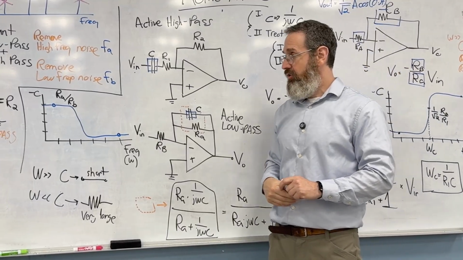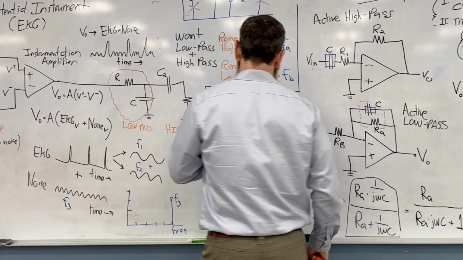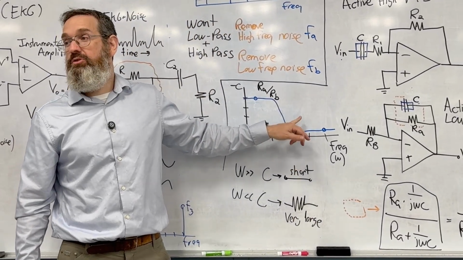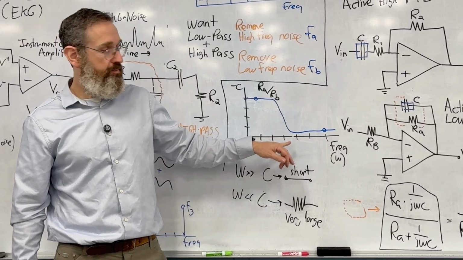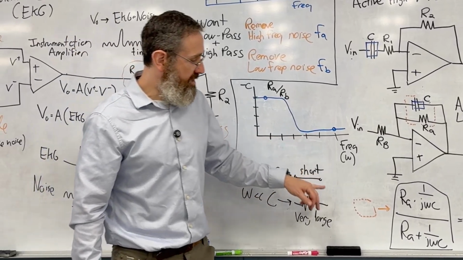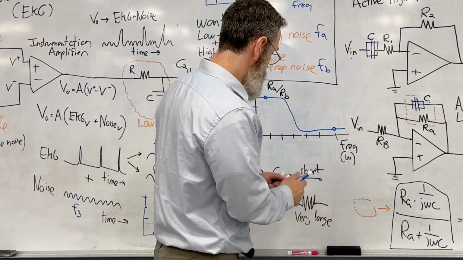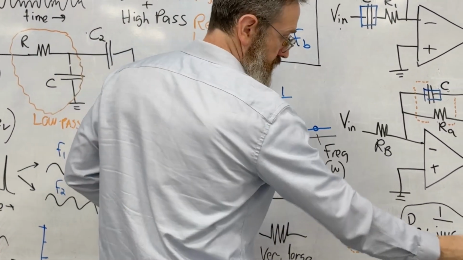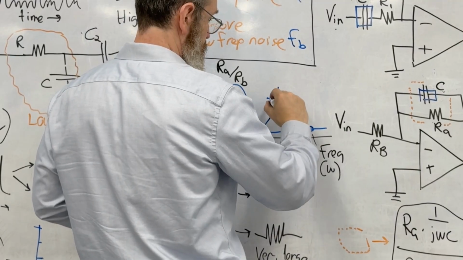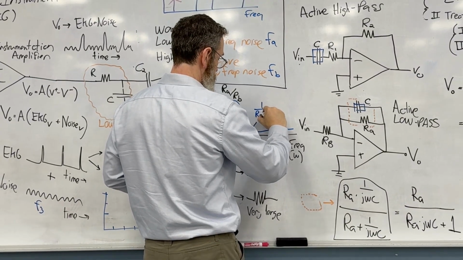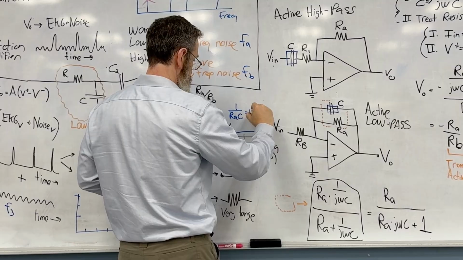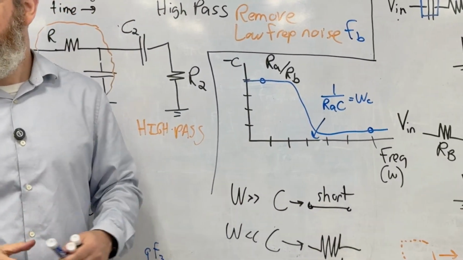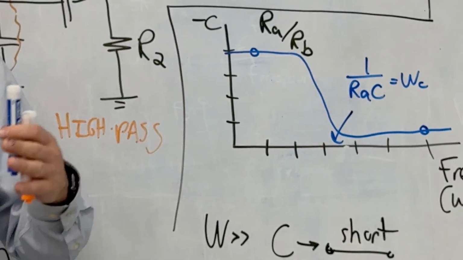It's not enough for our purposes because we have to know where the cutoff lands. So we need to know another bit of information. And the cutoff in this case is 1 over R sub A C. Isn't it weird? All these cutoffs are always 1 over RC, 1 over RC, 1 over RC.